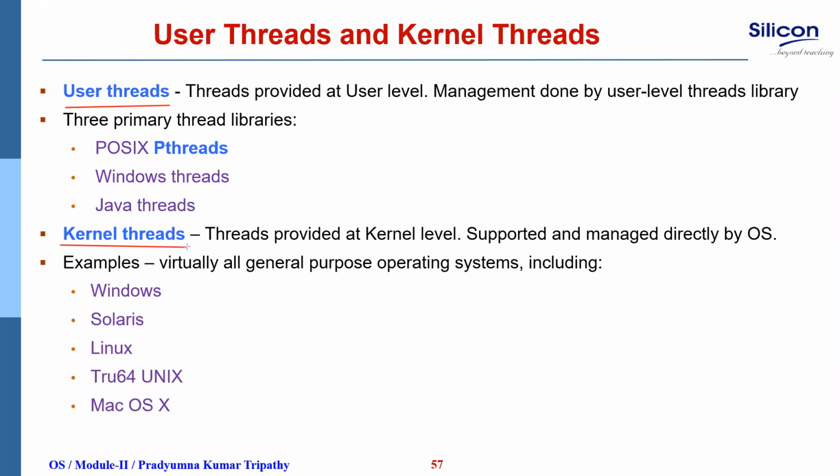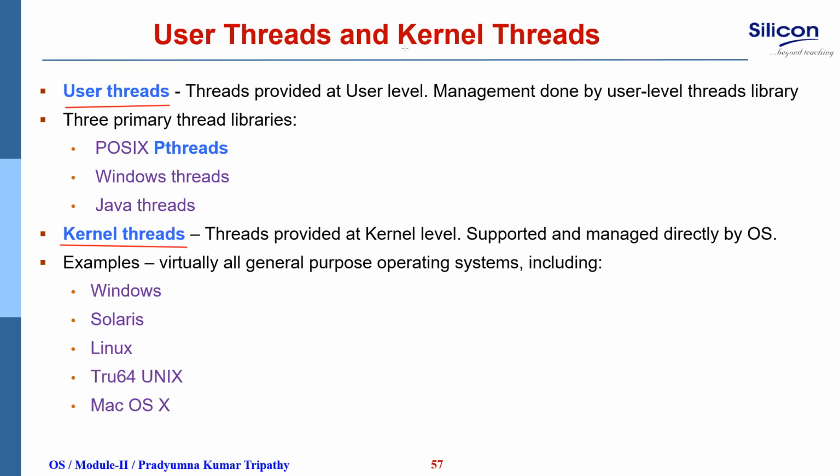Examples of some user threads are P threads, Windows threads, and Java threads. These Windows threads also can be system threads or kernel threads. With Windows threads, the user may write the code for creating the threads, or some threads might be generated and managed by the operating system itself, by Windows itself.